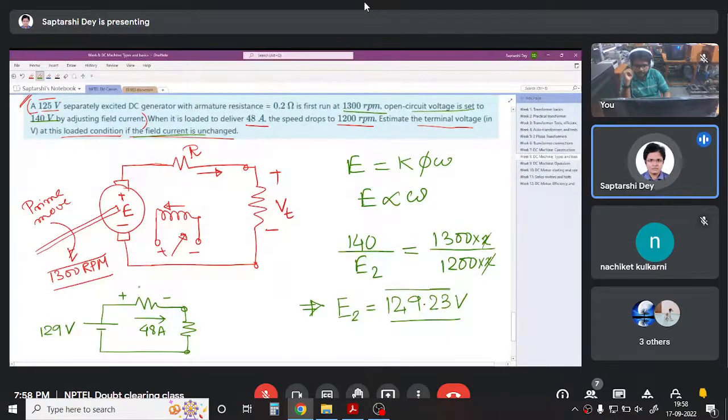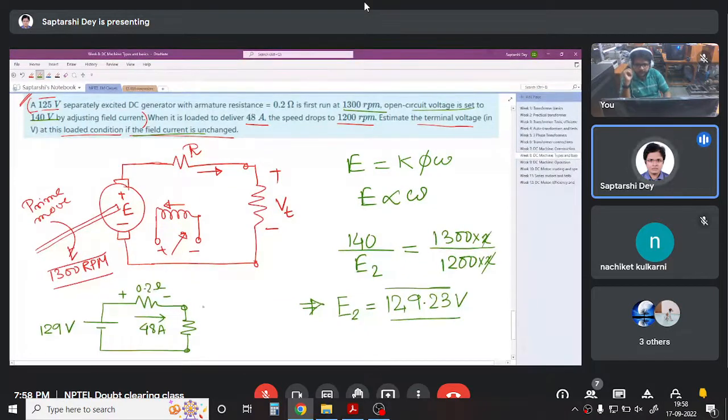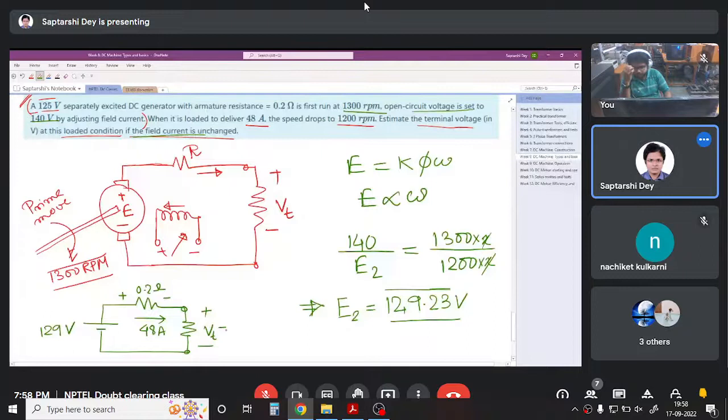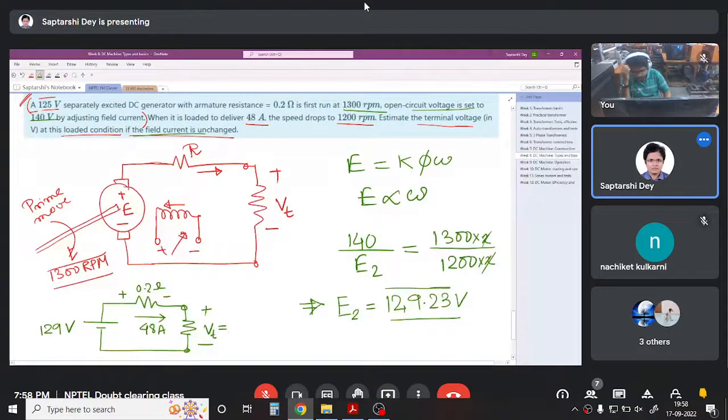This is 0.2 ohm. So can you tell me what will be the terminal voltage? Someone? What will be the terminal voltage? Or at least what I should do?